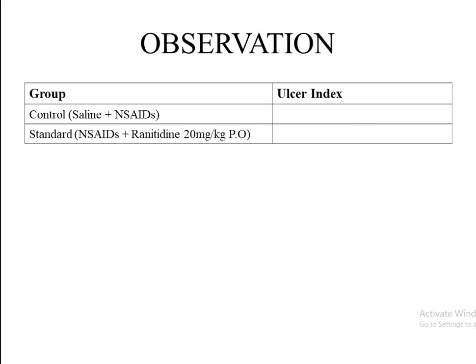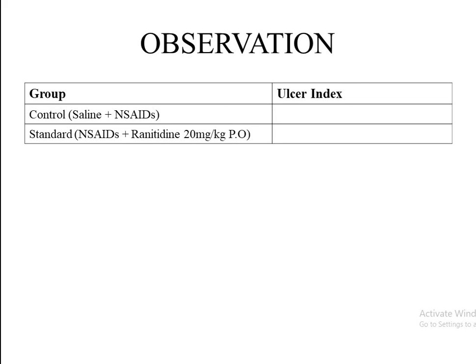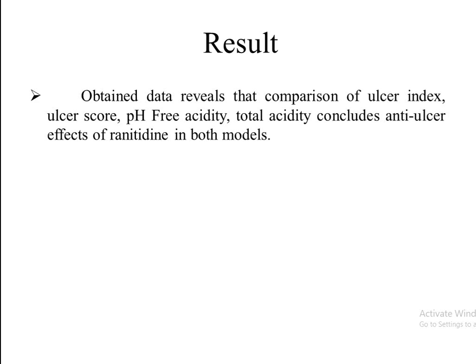Here we will prepare the observation table mentioning only the ulcer index. The obtained data reveals that comparison of ulcer index, ulcer score, pH, free acidity and total acidity concludes the anti-ulcer effect of ranitidine in both models.